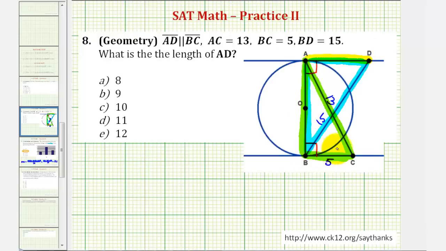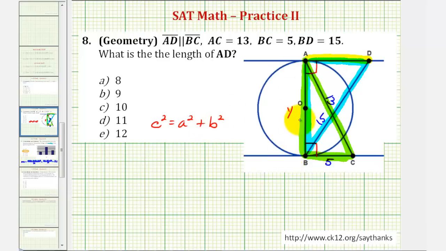But again, we're first going to focus on this green right triangle here, where we know the hypotenuse is 13 units and this leg is 5 units. So using the Pythagorean theorem, we can determine the length of AB, which we'll go ahead and call y.